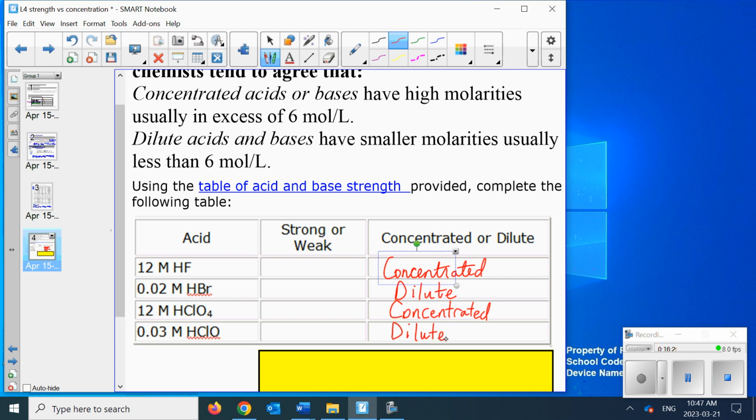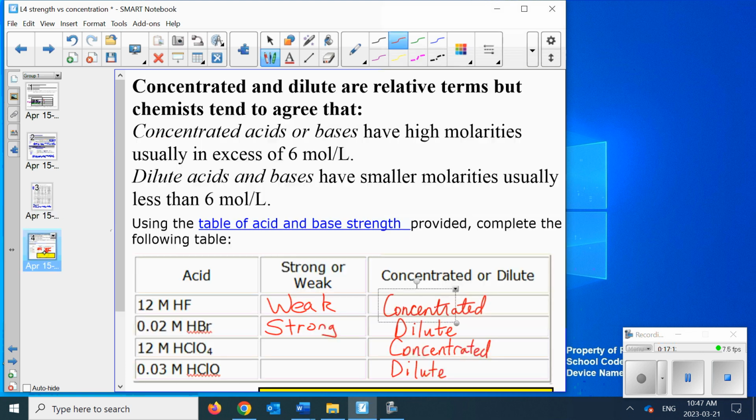Okay, anyway, HF. Is this a strong or a weak acid? As I mentioned before, it is weak. Its Ka value is low. HBr. Strong, it's one of the 6. HCl is strong. HClO4, that's not hydrochloric acid. What is that called?